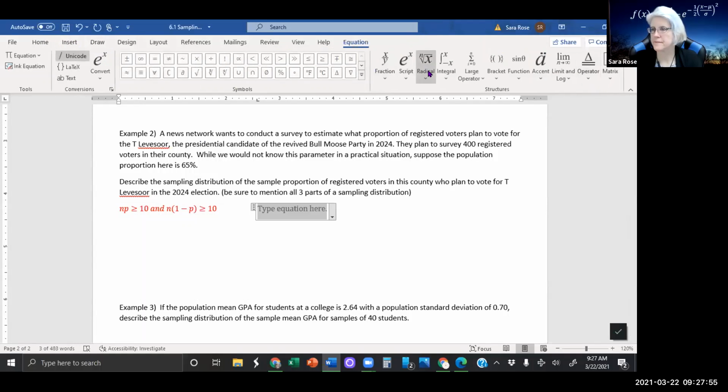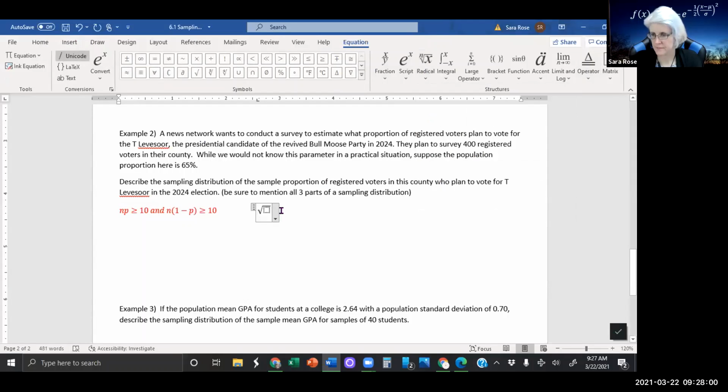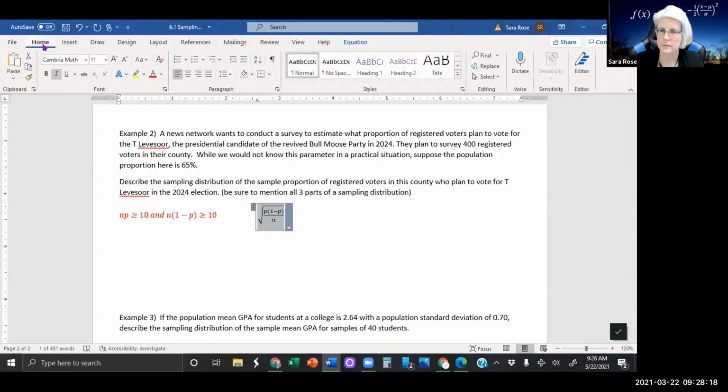And if you have that, then you can apply the formula, which was P times 1 minus P divided by N. Now, I'll make that bigger for you.